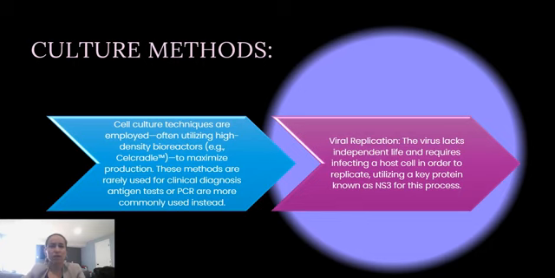The virus lacks independent life and requires infecting a host cell in order to replicate, utilizing a key protein known as NS3 for this process. The cultivation of dengue virus is a complex process used in research to study viral replication, evaluate antivirals, or produce vaccines, typically employing mammalian cells such as Vero cells or mosquito cell lines.